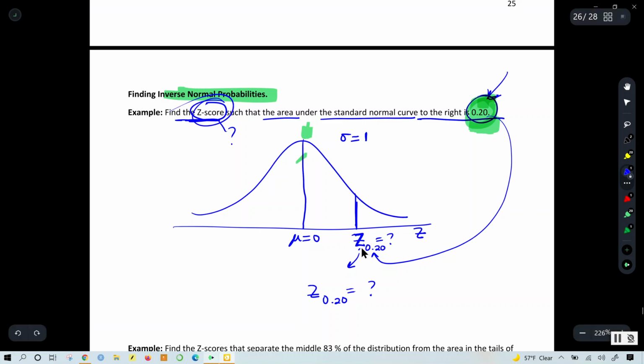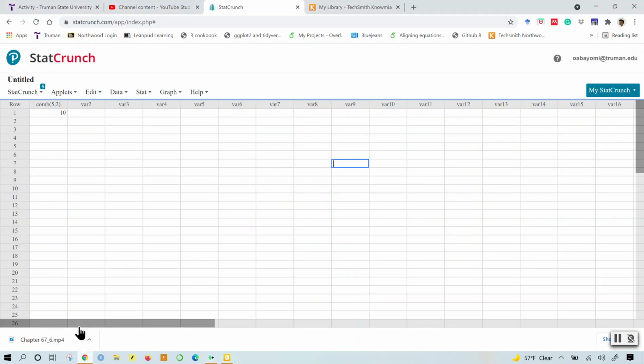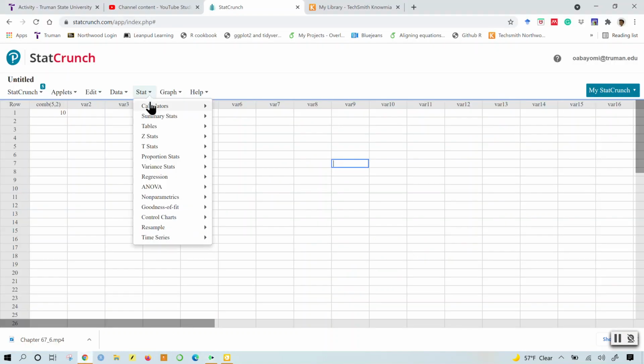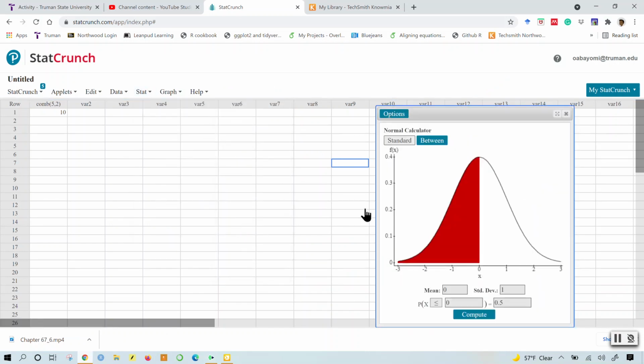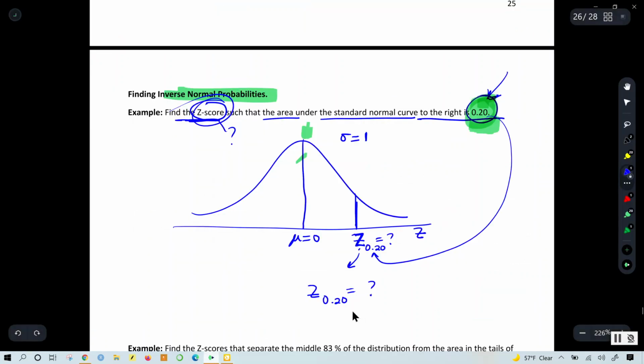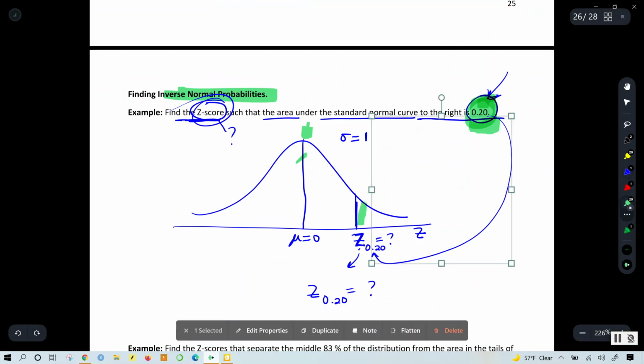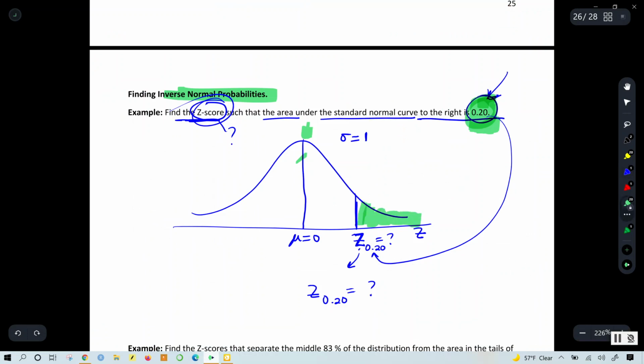In order to do that, let's get into StatCrunch. I'm going to call on my calculators, and I want the normal calculator. And in this case, since I'm finding the probability of an area to just the right, note the area to the right has a size of 0.20, and I want to find that cutoff point here.